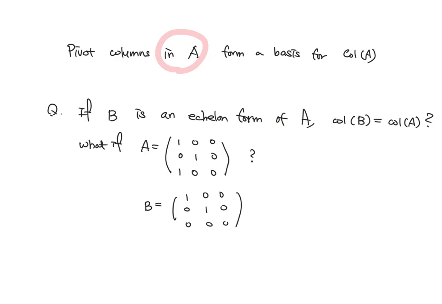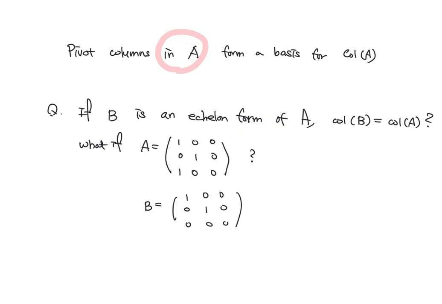Then, is the column space of A equal to the column space of B? Okay, in other words, the column space of A is defined by the collection of linear combinations of the columns in the A matrix.